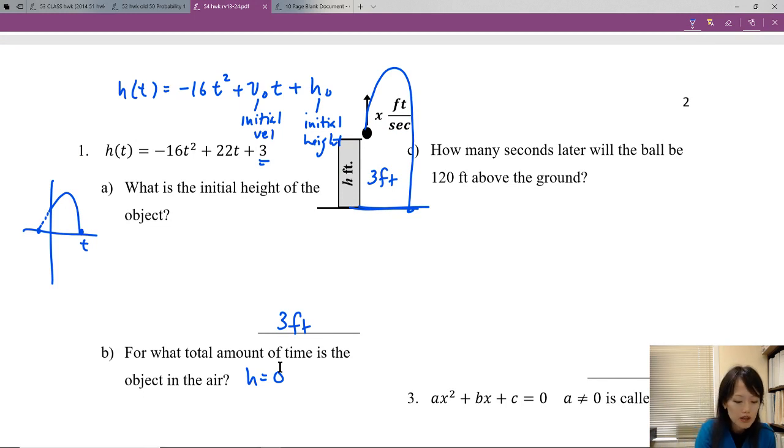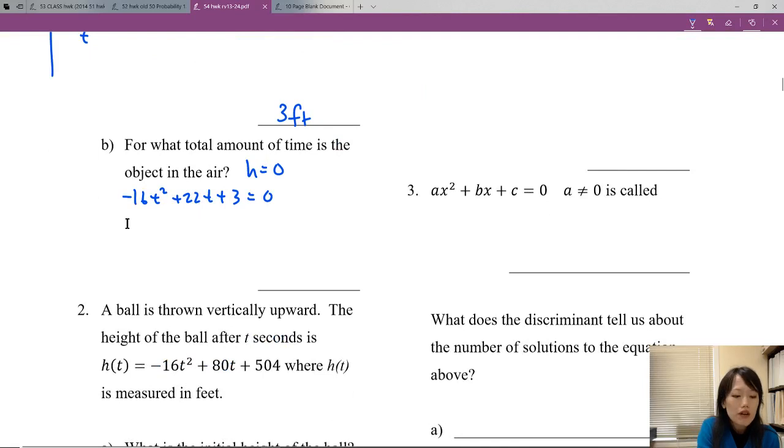So here you end up with negative 16t squared plus 22t plus 3 equals 0. You need to factor this one. We need factors of 16 and 3. I can try 8 and 2, 3 and 1, 24 and 2, subtract to be 22. Which one should be negative? Should the 3 be negative? No, because these are both plus.